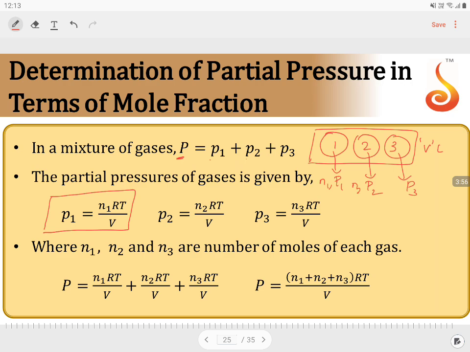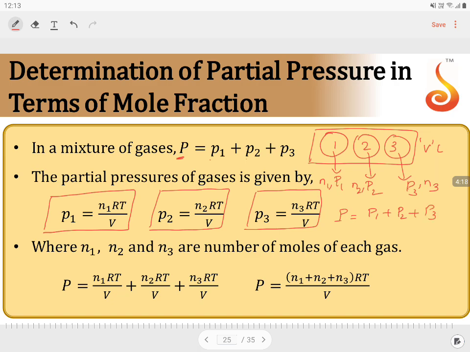Corresponding to P2, N2 number of moles are there. Corresponding to P3, N3 number of moles of gas 3 are there. So N1 into RT by V is P1, N2 into RT by V becomes P2, N3 into RT by V becomes P3. Now according to Dalton's law, total pressure is equal to P1 plus P2 plus P3.